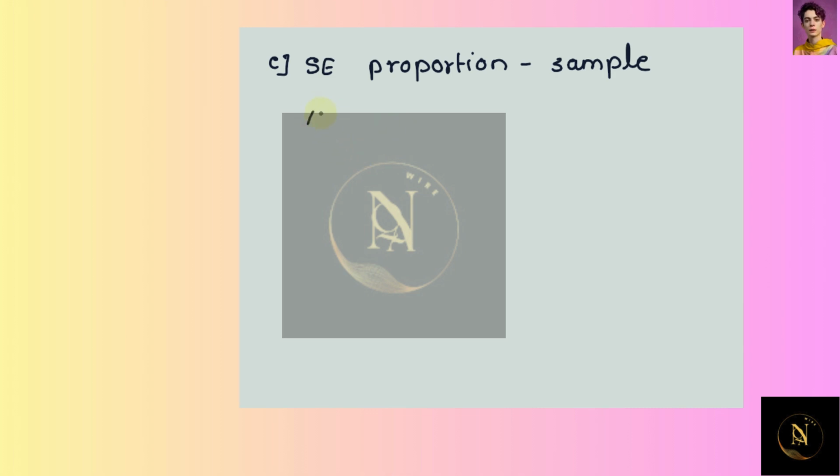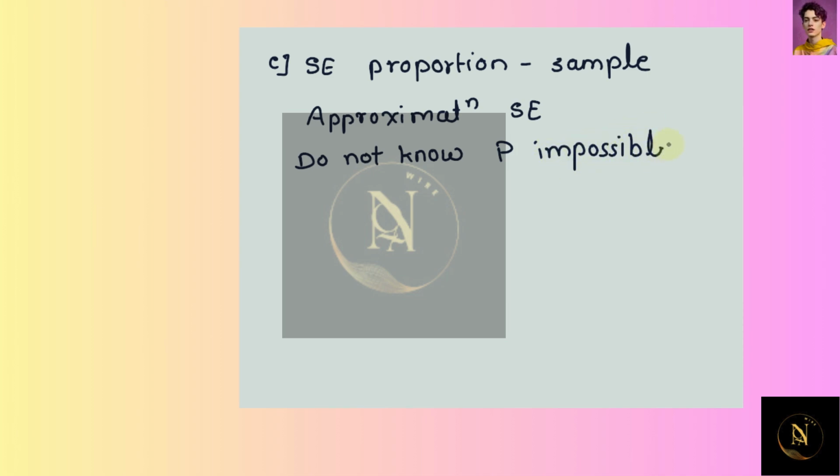So it is approximately, or we can say it is an approximation to the actual value of the standard error, as we do not know the population proportion P, so it is usually impossible to compute the actual value of the standard error. So we use the sample standard error.